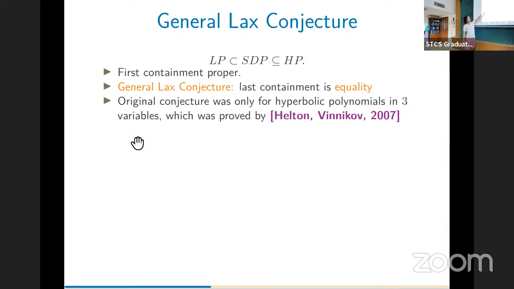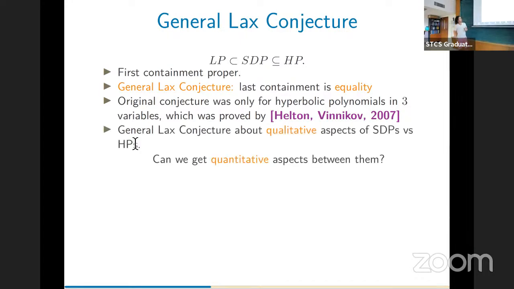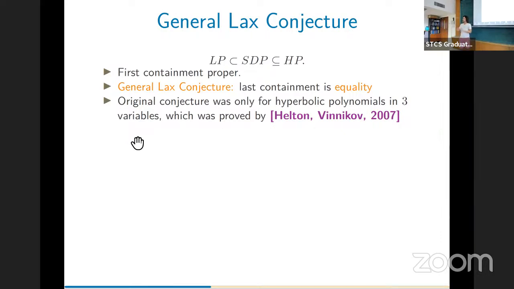It was proved by Helton and Vinnikov in 2007, using very fancy techniques, which I won't discuss here. And then now we have the general conjecture. How many variables did they have to go to? No, 3. That's it. They just proved spectrahedral sets, not shadows. So the same number of variables. You can't get around that.